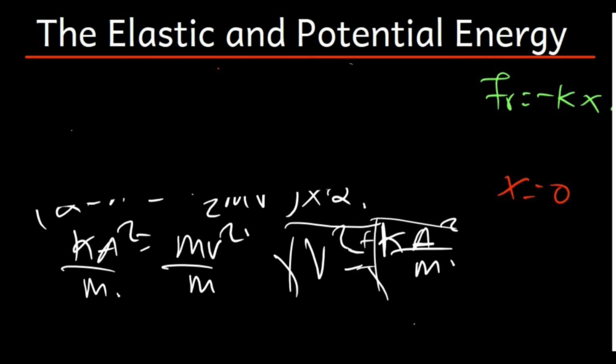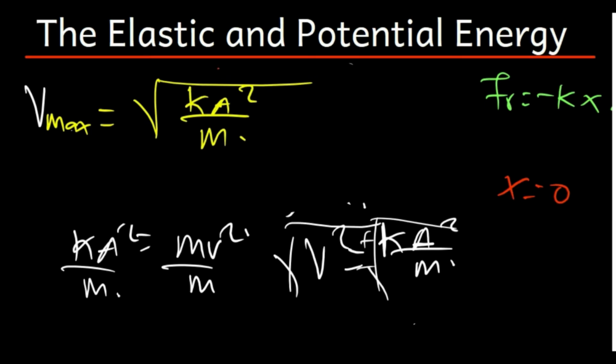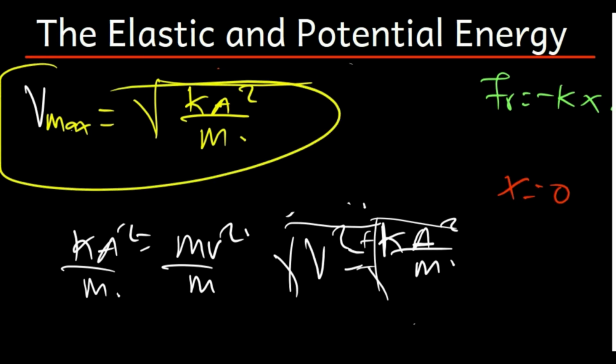Then the formula now is going to be: v max, the maximum velocity, remember, is going to be equal to the square root of k a squared divided by m. Now this is the formula for finding the maximum velocity.